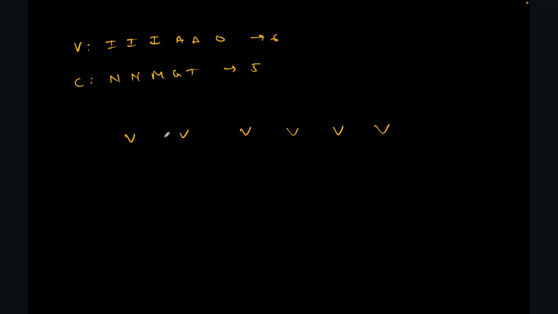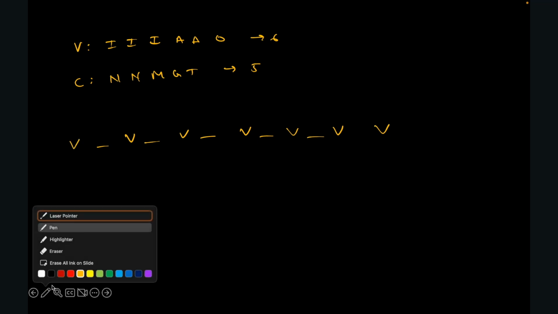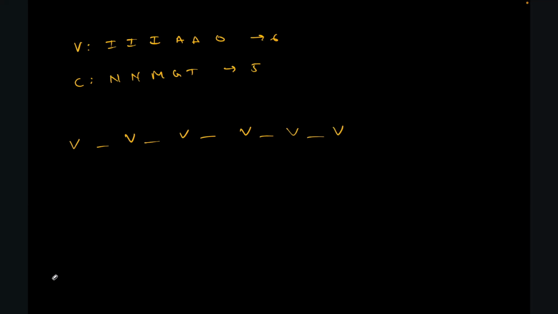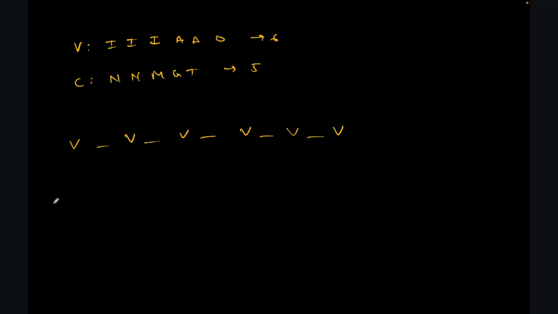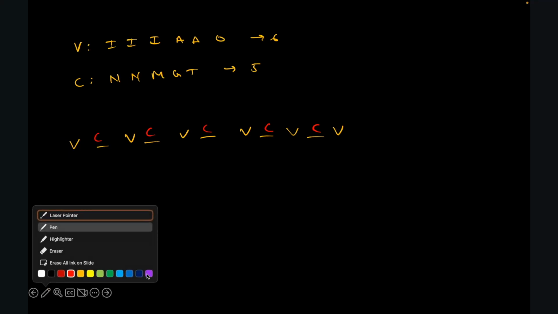I have the different vowels, and I have 1, 2, 3, 4, 5 spots in between. I'm going to put this vowel here, and I will erase this because remember, the vowels and consonants cannot be together. I'll change the color as well. So I have my consonants like this. Got it?